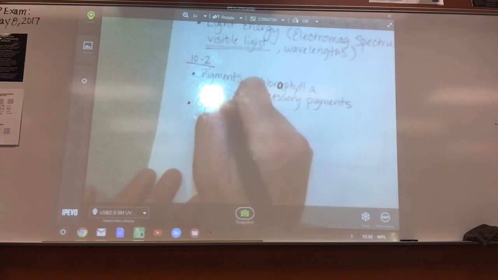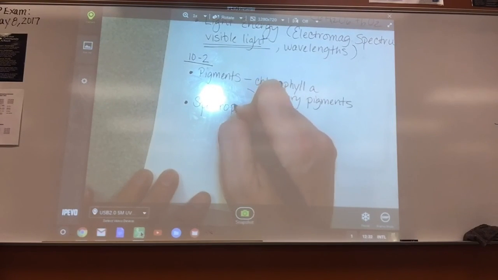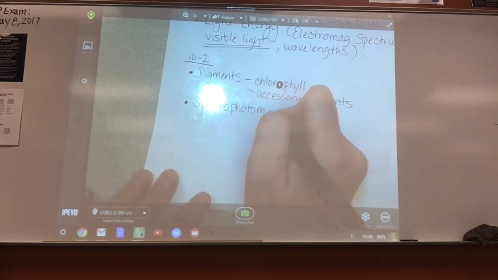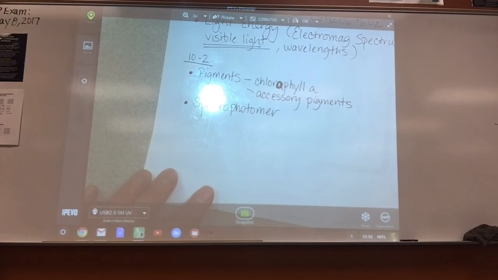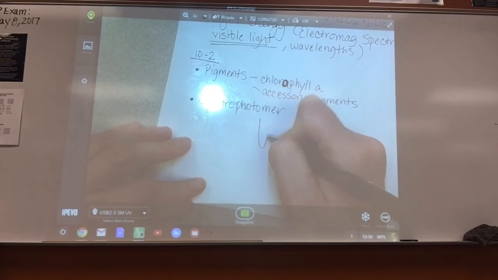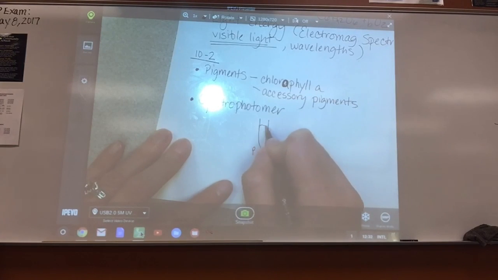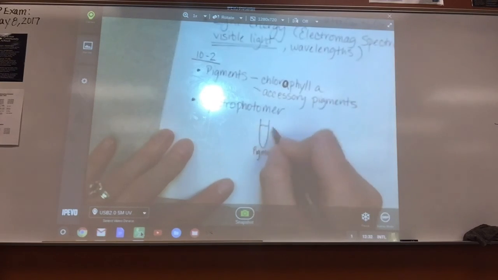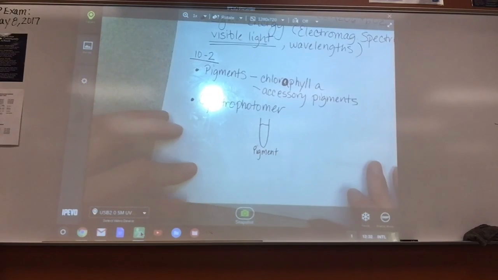And so if you have a high transmittance, what does that mean in terms of absorbance? What's the relationship? High transmittance means low absorbance. High transmittance equals low absorbance. So then, why is this important?